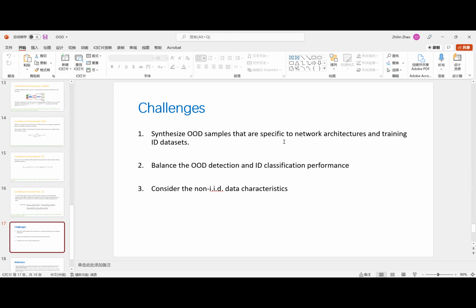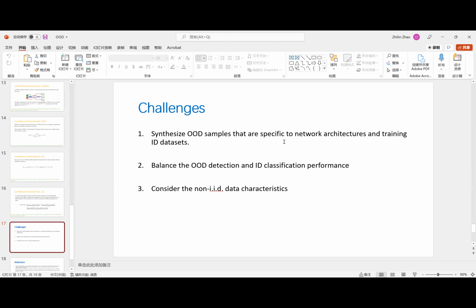We can consider the non-IID characteristic from many perspectives, like from the input level, the value level, and the structure level.